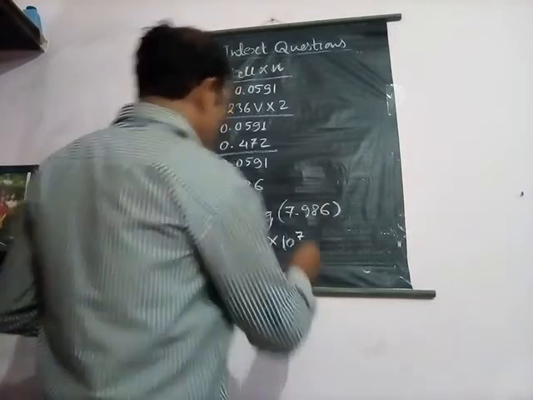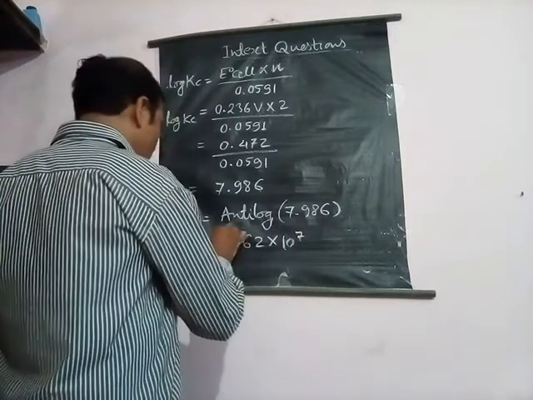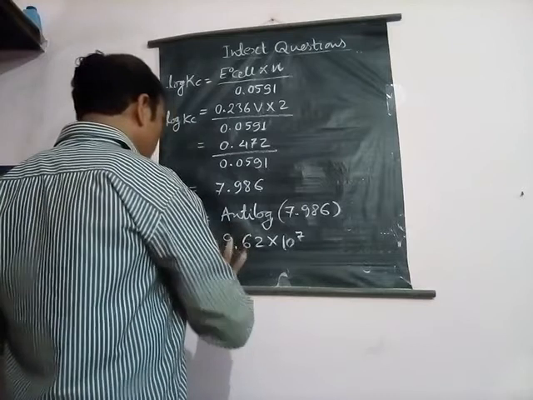You can find the antilog value with the help of an antilog table.